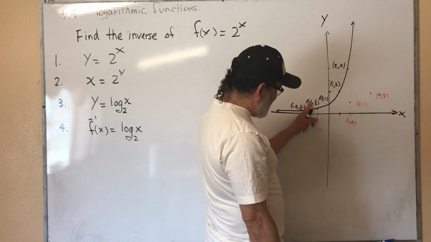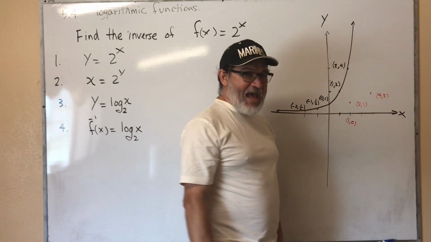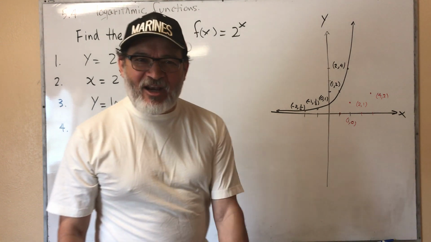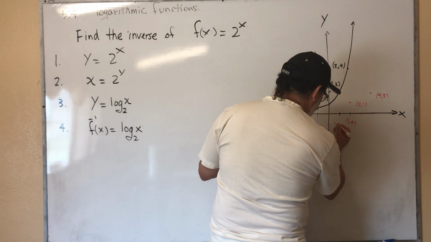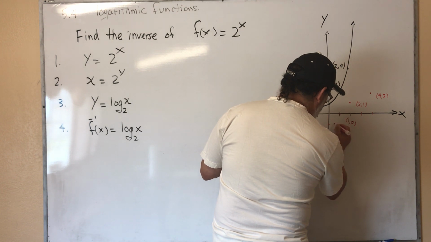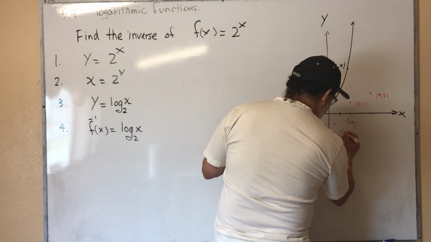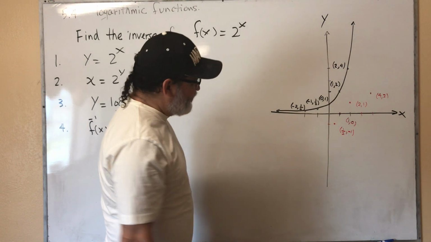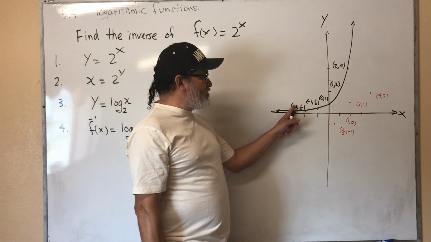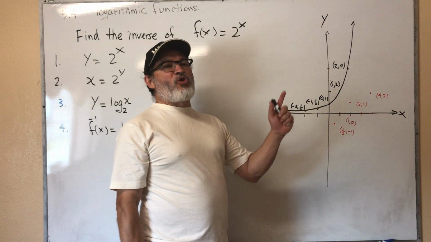You see this negative 1, 1/2? It becomes 1/2, negative 1. You see this negative 2, 1/4? It becomes 1/4, negative 2.